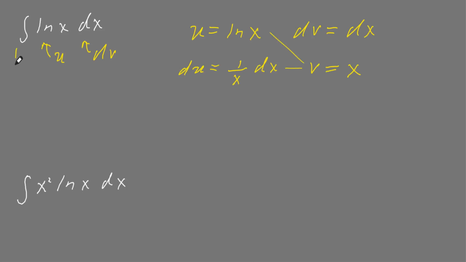So the original integral over here becomes u times v, which is just x times ln of x, minus the integral of v du, and v is just x, and du is 1 over x dx.